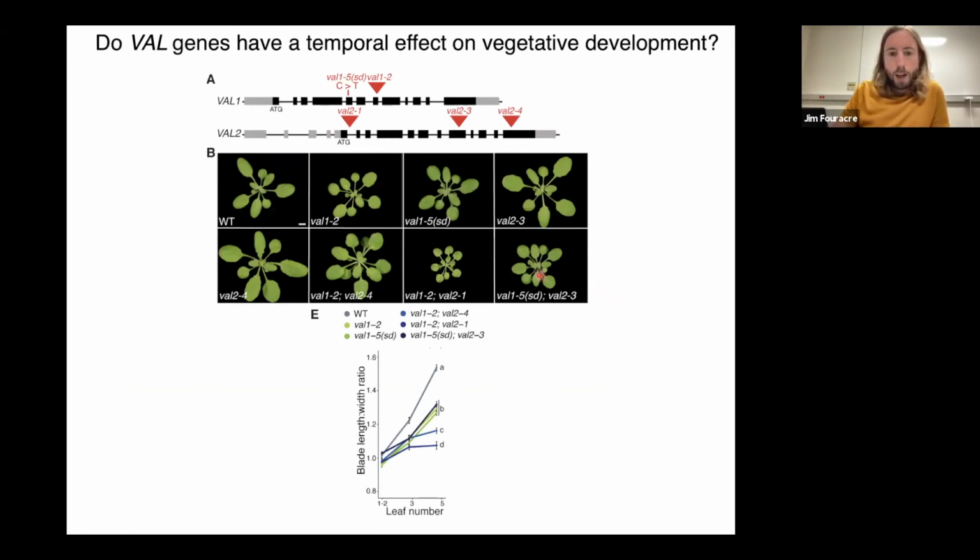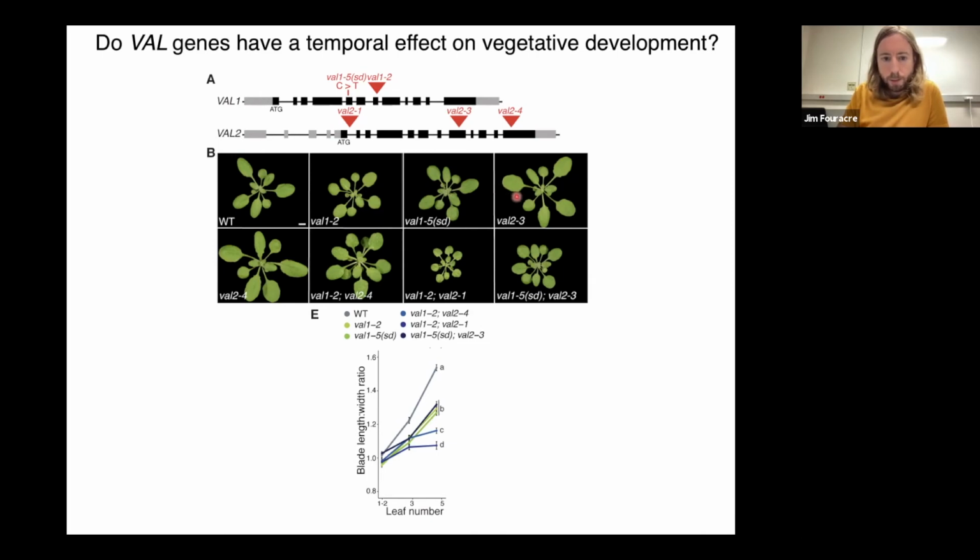So I combined my new Val1 mutation and another null T-DNA of Val1 with several different Val2 T-DNA insertions to get over a problem of redundancy between Val1 and Val2. You can see here that perhaps these two different Val1 single mutants have an effect on phase change. They are significantly delayed in the timing of trichome production, but it's relatively subtle.